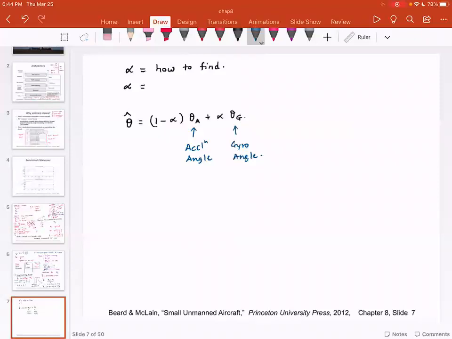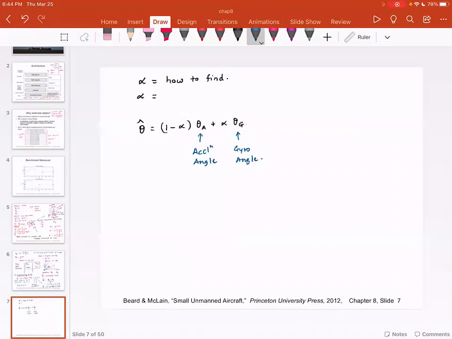At the first cut, what happens if I choose my alpha close to 1? I'm going to choose my alpha 0.95, and I'm going to say it's a constant value.